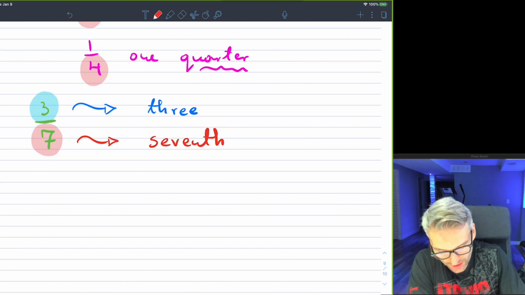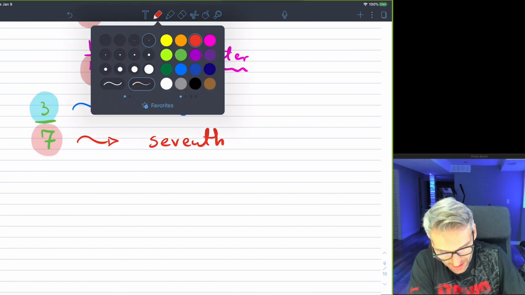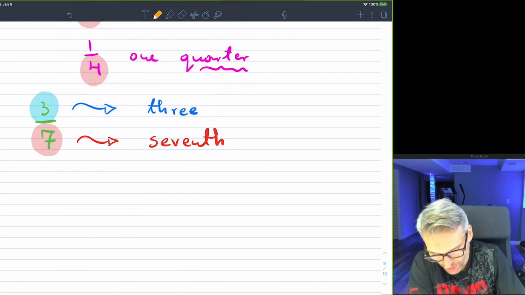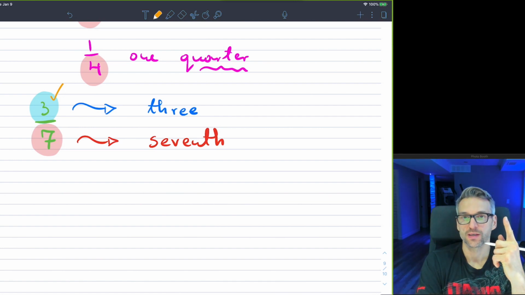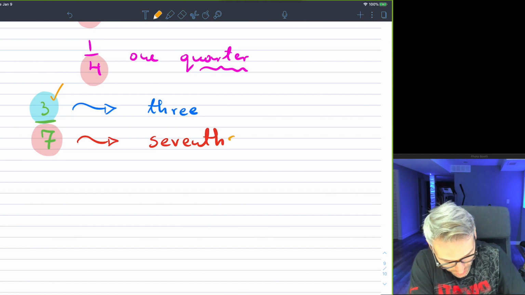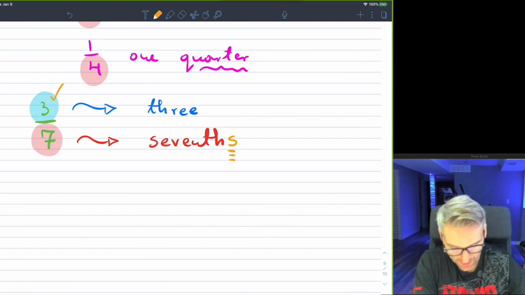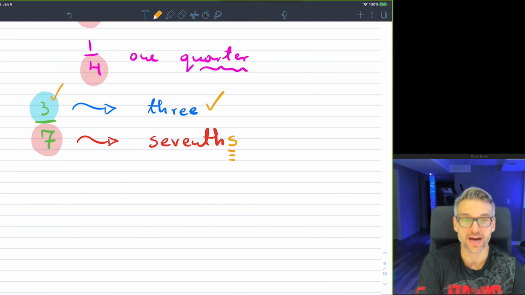Now, our numerator here is plural, so it's not singular. Singular means 1. If it's more than 1, then we have to add an S at the end, because we have 3 pieces out of 7 pieces. And we say 3/7ths with the S at the end.